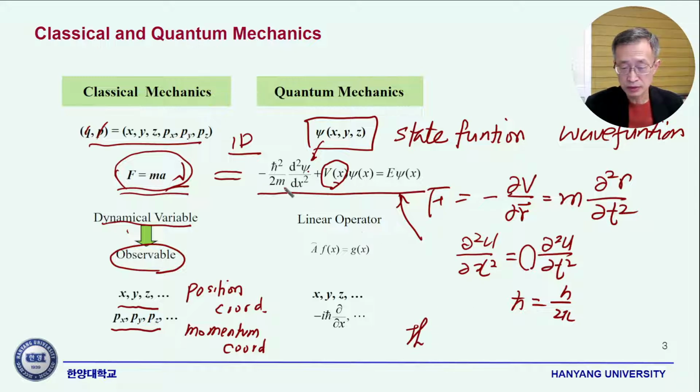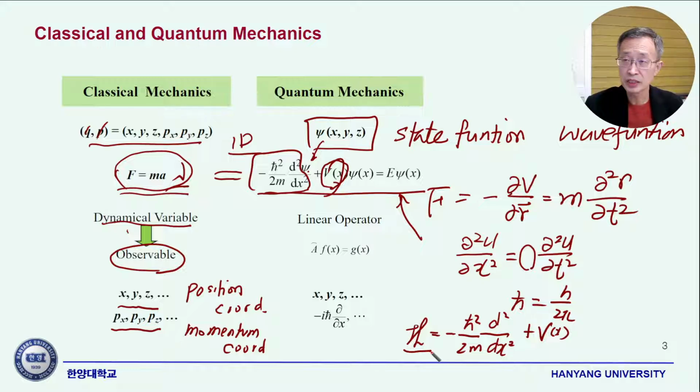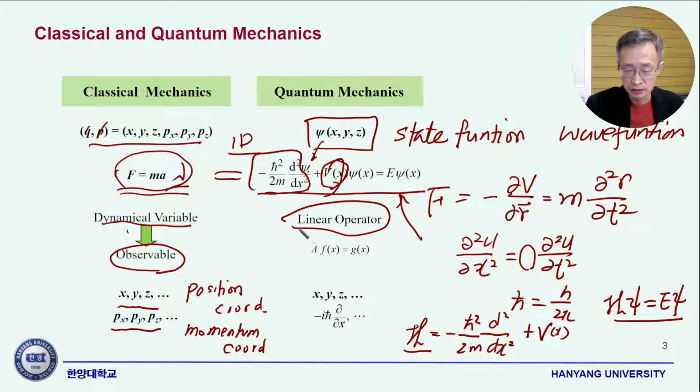This part, minus h bar squared over 2m d squared dx squared plus V of x, we call the Hamiltonian operator. I just mentioned that in the previous slide as H psi equals E psi. So this is a linear operator, and that represents the observable. Actually, I'm not going to dive into much detail here.